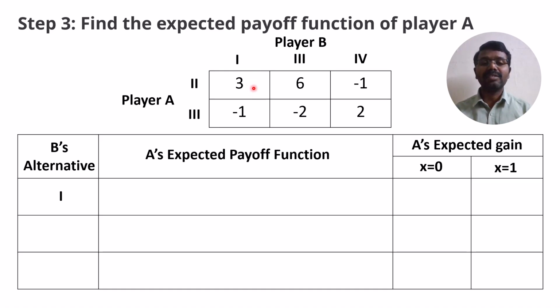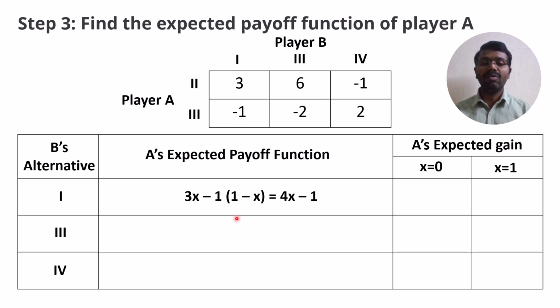Let us say x is the probability that player A plays the first strategy, and the probability for the other strategy will be 1 minus x.